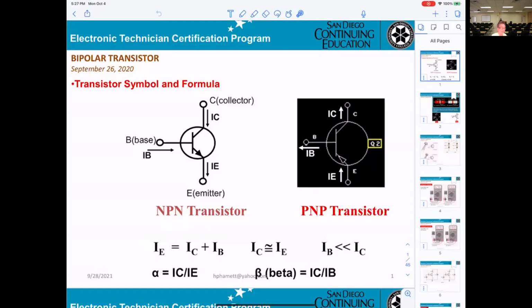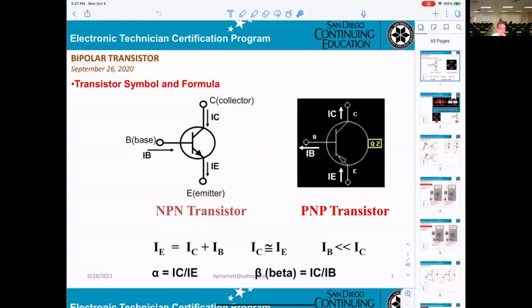The only thing to see is the difference. For the PNP, IB will be leaving, going out. IC is also going out. However, IE, the emitter current, is going in. That you must memorize.